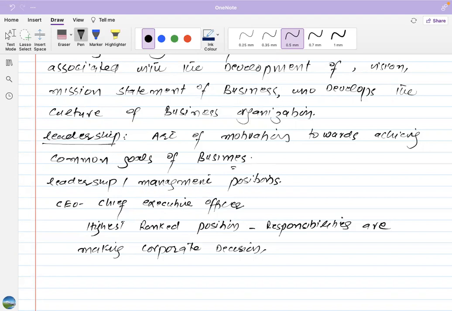He is responsible for managing the overall operations of business.